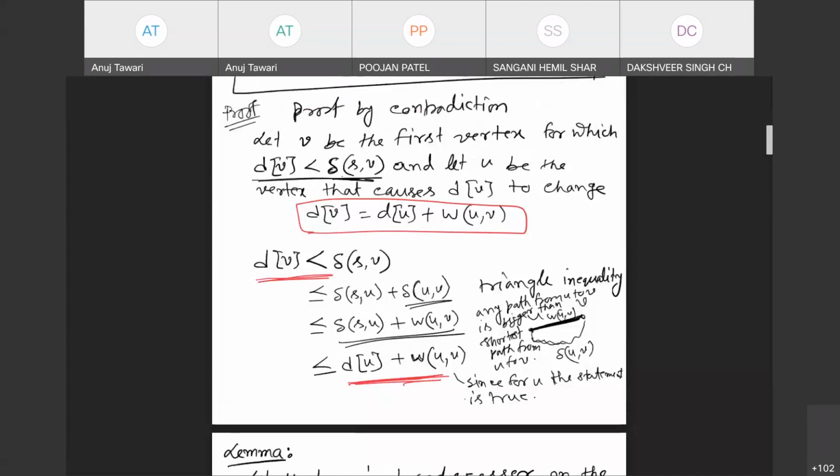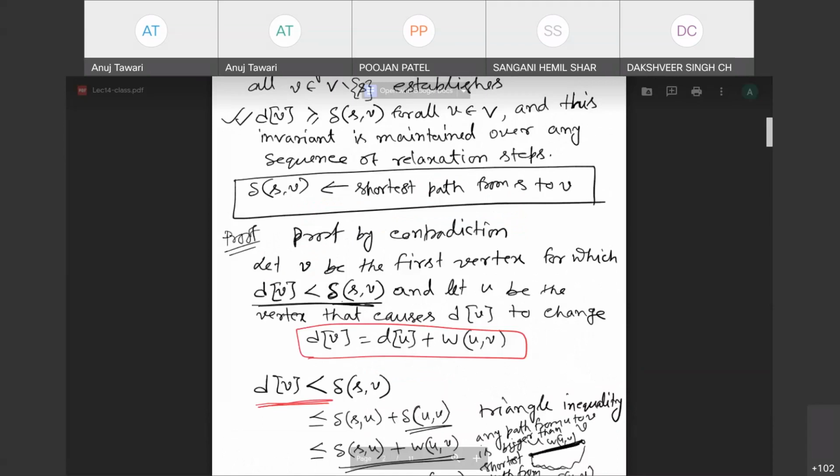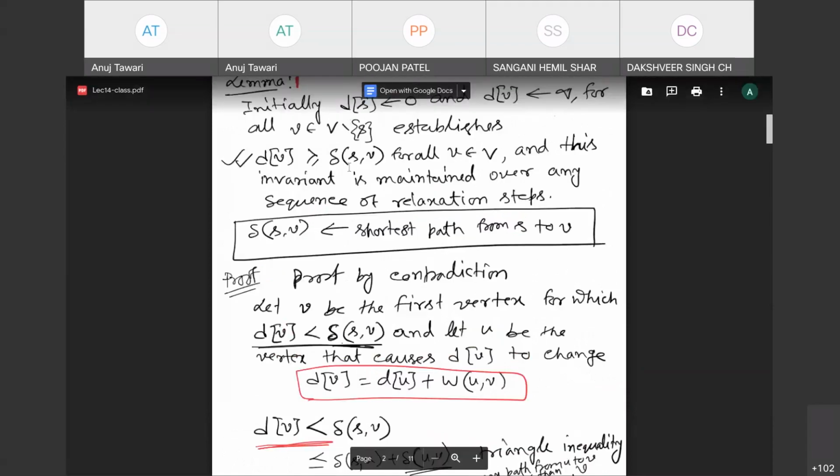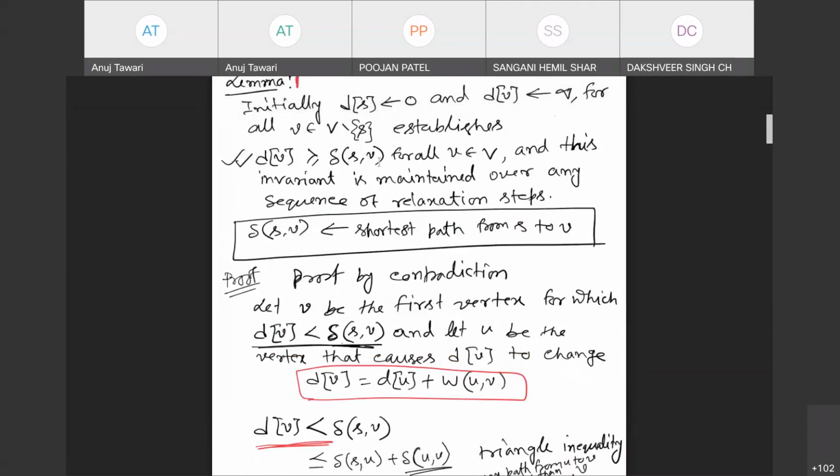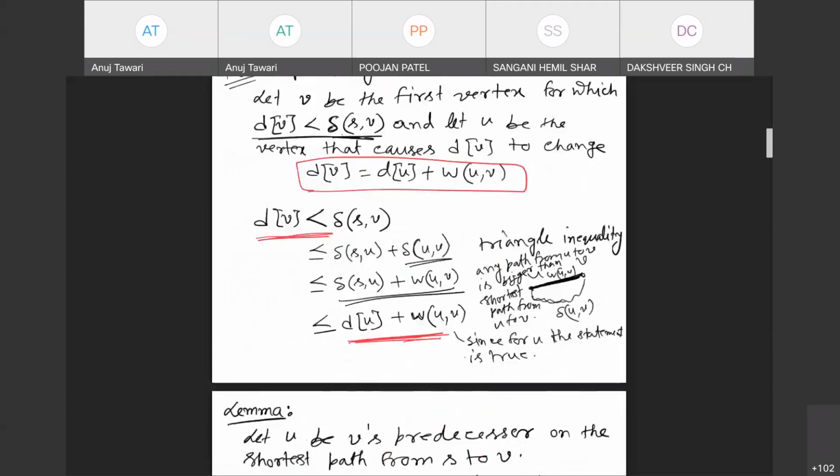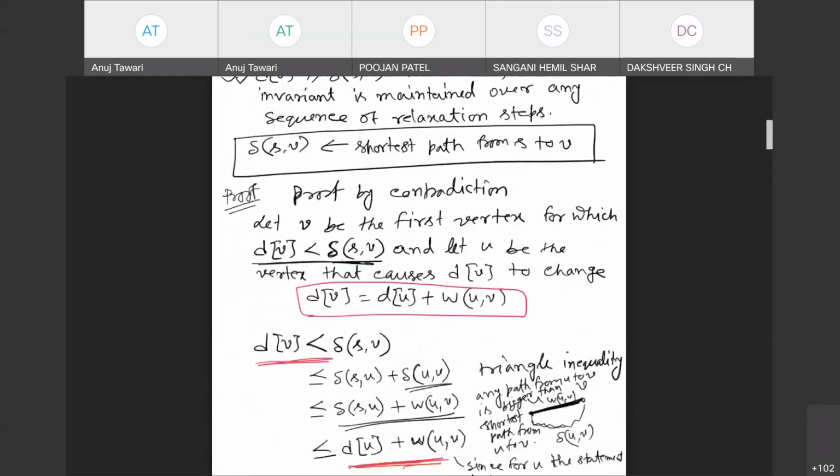So then we have this lemma, which is that dV is always greater than or equal to delta SV, and this invariant is always maintained over any sequence of relaxation steps. Once we have this, now we need to analyze the relaxation step.